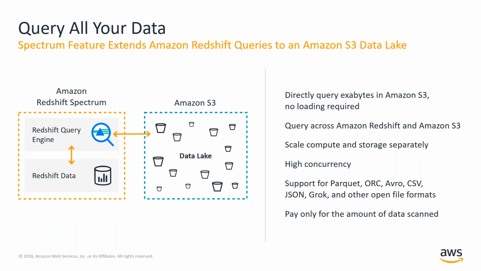I can keep it in its open format. And by open, I mean the Apache formats like Parquet and ORC and Avro or JSON or even CSV, and simply create a view of that data called an external table in Amazon Redshift and query the data directly on S3 by taking advantage of separating compute and storage.